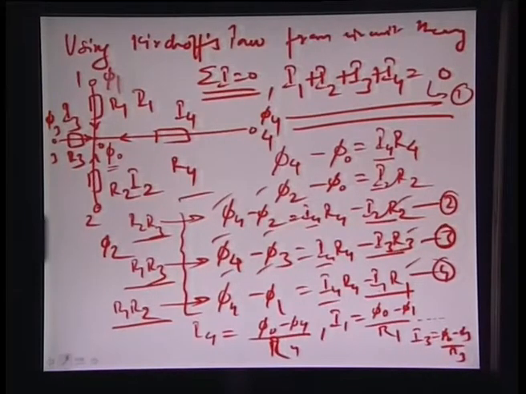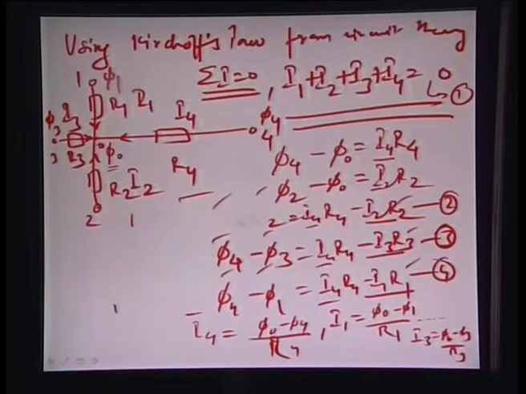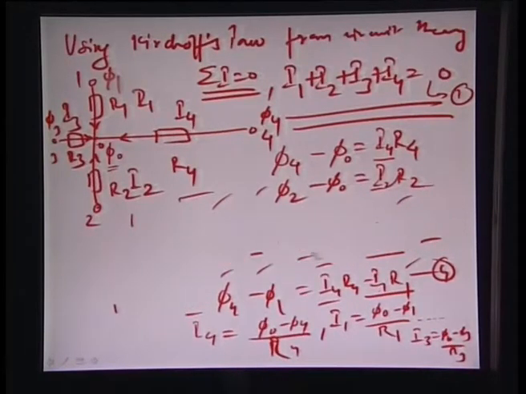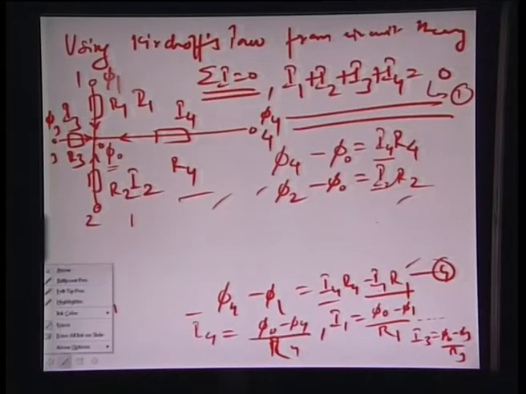Okay. So, whatever we have done can be simplified by putting these various I values in the first equation of Kirchhoff's law and telling how it will behave.